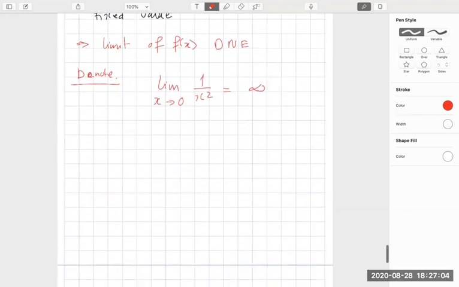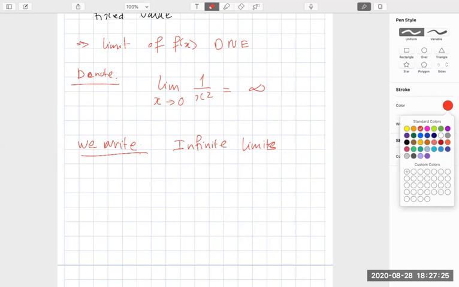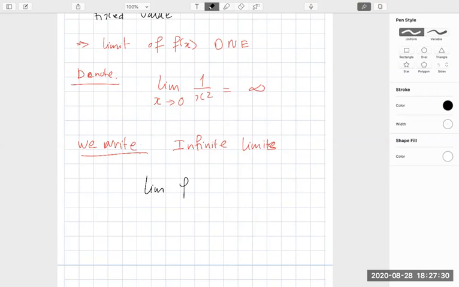And we write it like this. The limit of the function f of x as x approaches a is infinity.